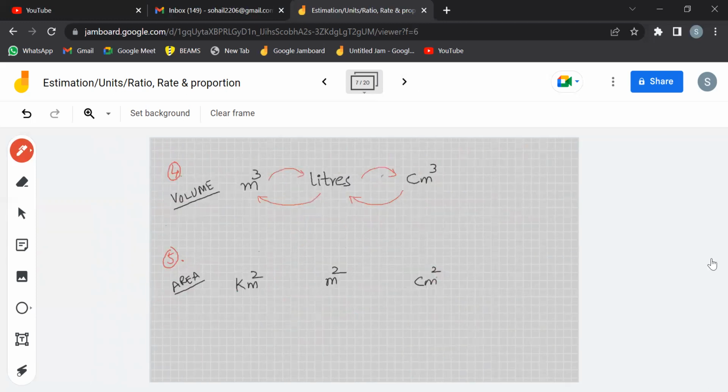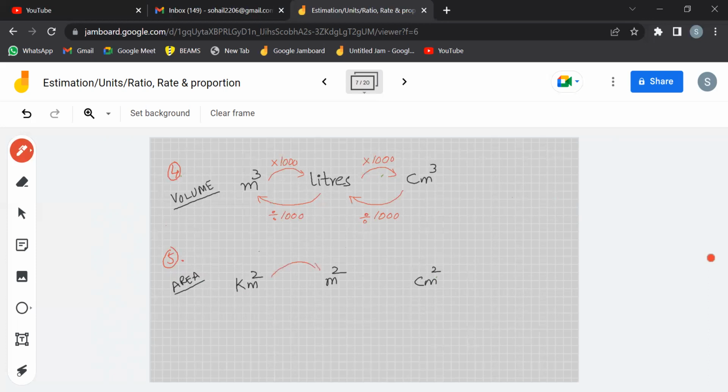So when you multiply by 1000, you can move from meter cube to liters, and from liter to centimeter cube, again you multiply by 1000. And likewise, for smaller to bigger, you divide by 1000 from centimeter cube to liters, and divide by 1000 again from liters to meter cube.